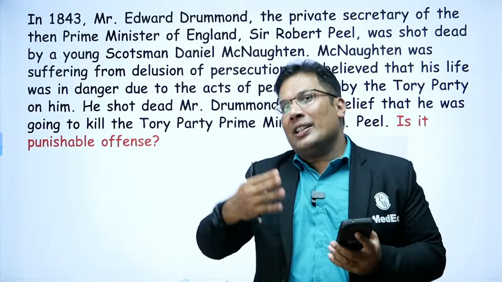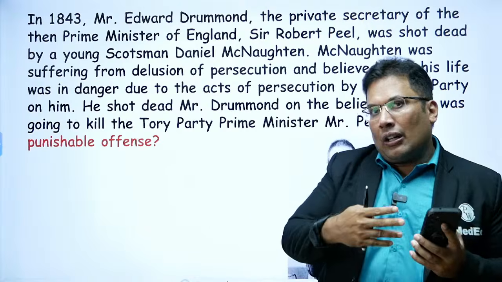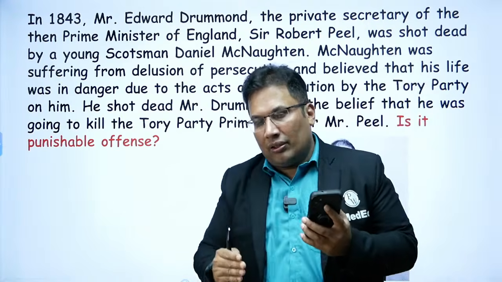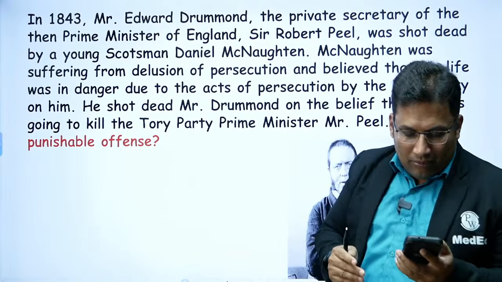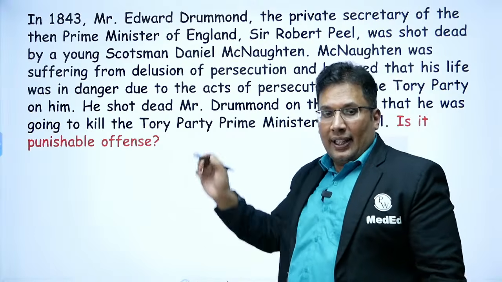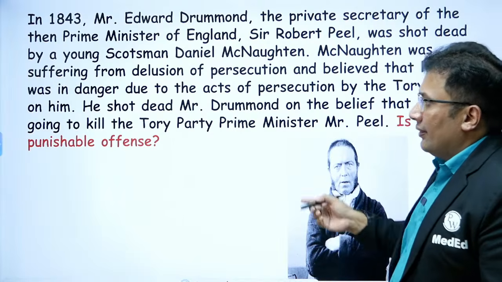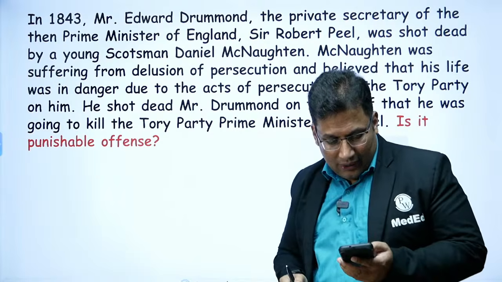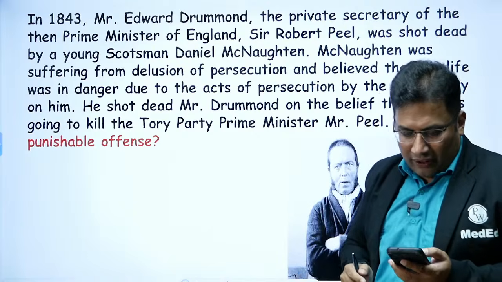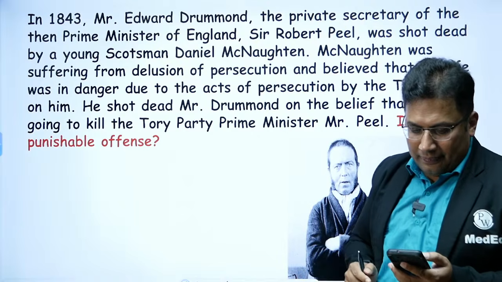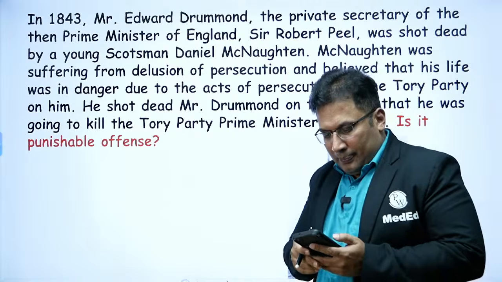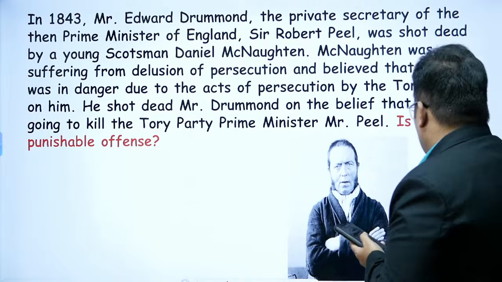So unsound mind is different, and culpable homicide is different. Okay. Yes. Now look at this. Try to answer. In 1843, Edward Drummond, all this. Not liable, right? Not punishable. Okay.